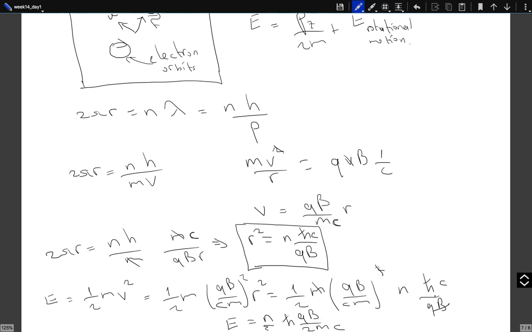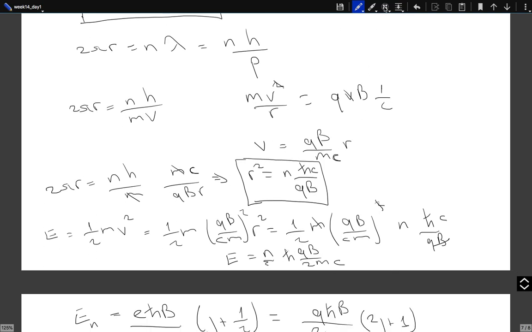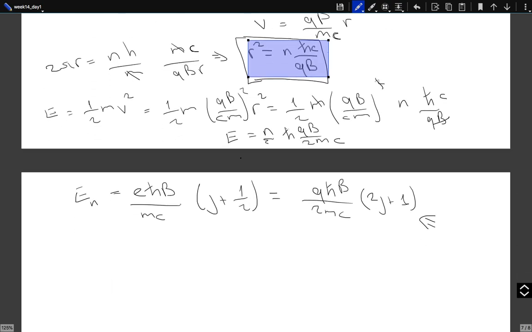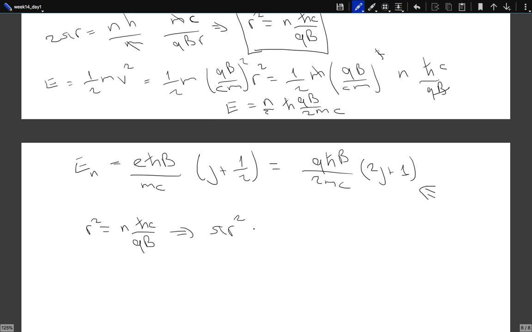Now let's see. Another interesting feature is, let's look at this one. These are the possible areas. Now πr squared, which is the area of the orbit, is just n times πħc over qB.